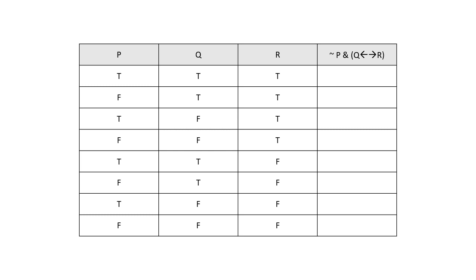They're just there. Now, if we look at our sentence that we're evaluating here, it is tilde P, ampersand, Q, double arrow R. And so we've got three different operators here: tilde, ampersand, and the biconditional. So we have to determine what's the main operator.